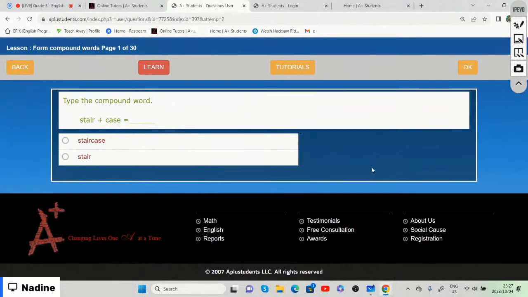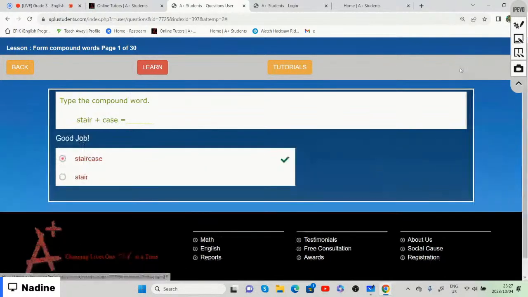And if we select the compound word, then we're going to say it is staircase. So well done to you for getting staircase. It was well done. Good job.